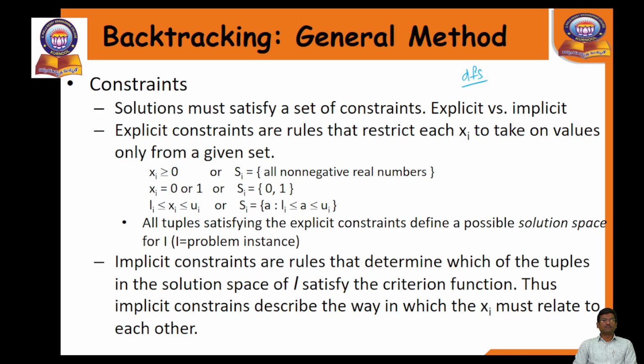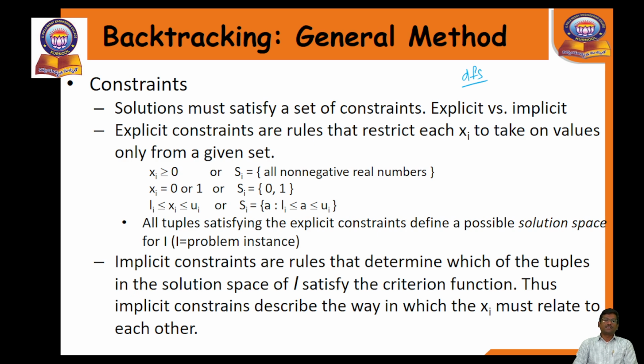Similarly, li ≤ xi ≤ ui, where li and ui stand for the lower bound and the upper bound. So all tuples satisfying the explicit constraints define a possible solution space for I, where I indicates a problem instance. That is related to your explicit constraints.